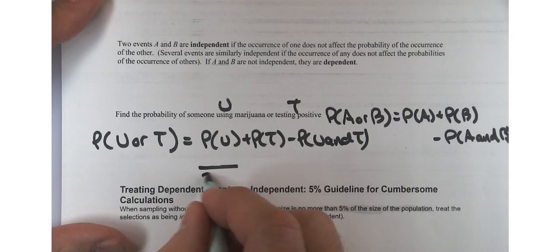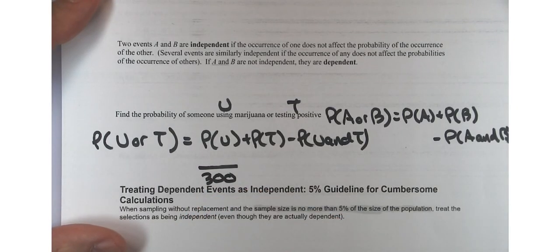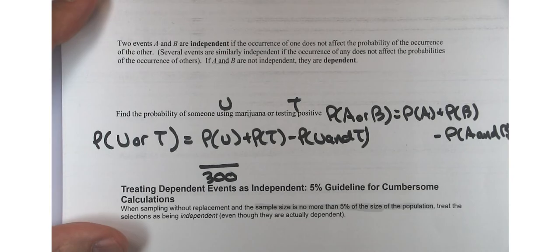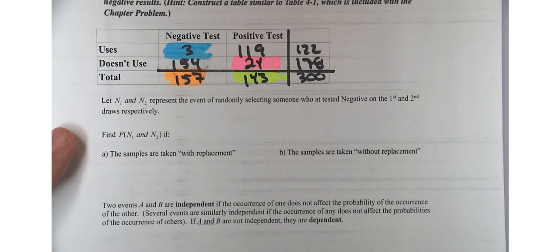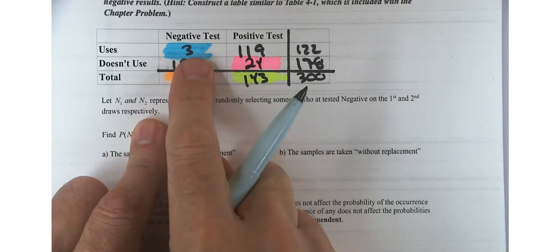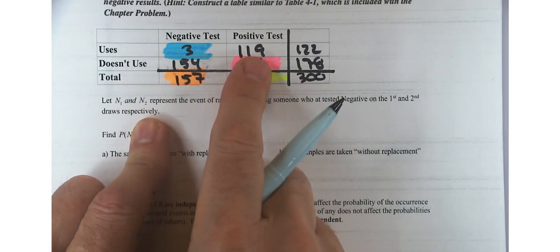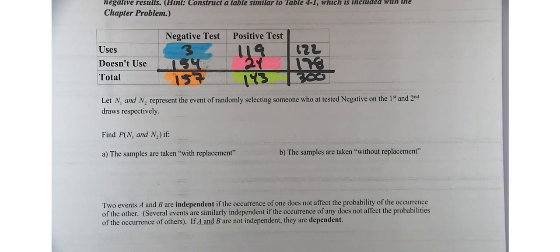So that should be your denominator. Of those 300, how many of them were users? Got to be careful. 122. It just says user. It doesn't say that they tested negative or tested positive. So there's 122 users altogether. So that's the total we should use.